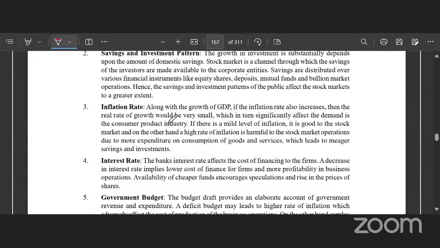So inflation, along with the growth of GDP. If the inflation rate also increases, then the real rate of growth would be very small, right? So there is a fundamental relation, right? Just let me write here, right?